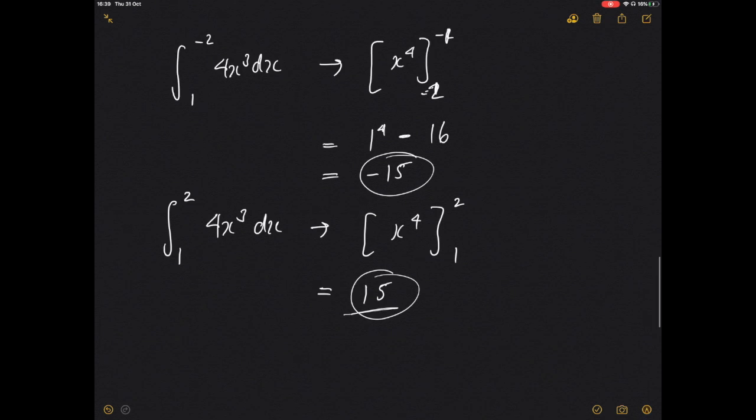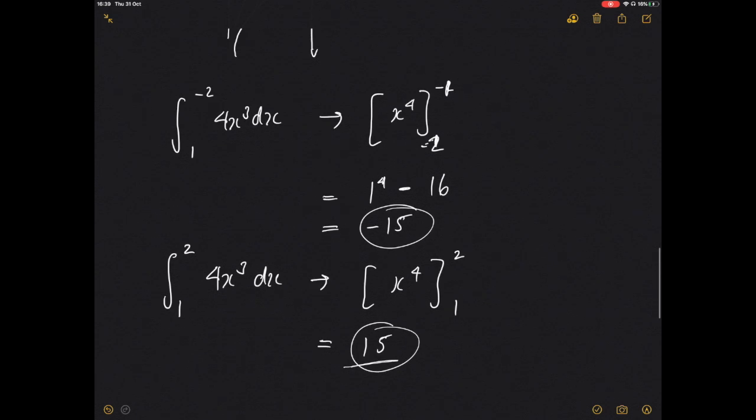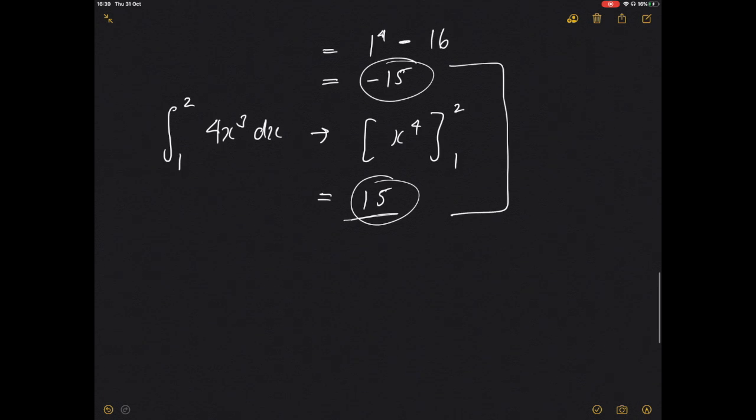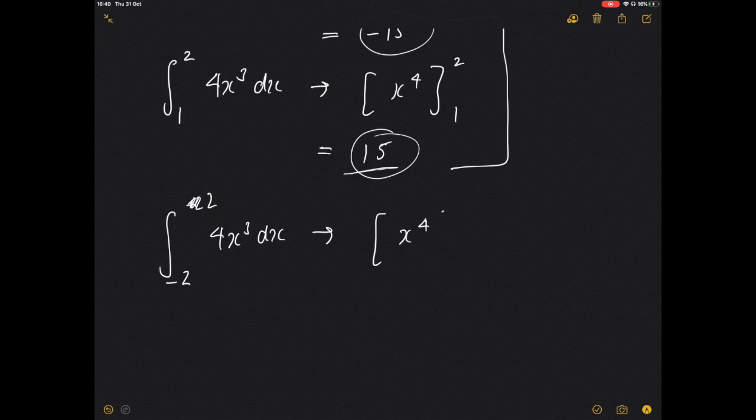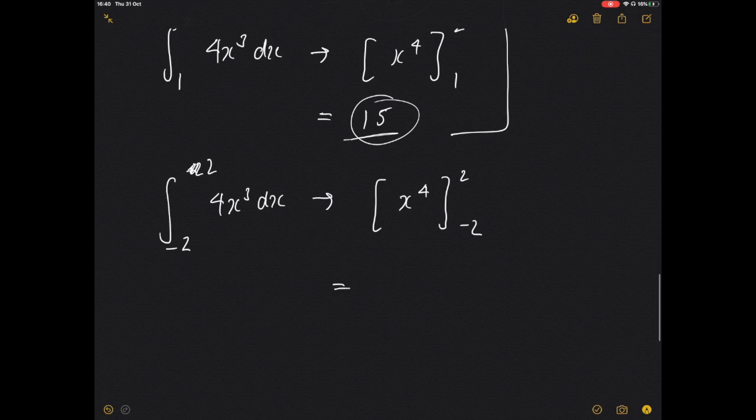Therefore, we could see that if we were integrating between either of these values, we have a line of symmetry. And likewise now, if we were to integrate between minus 2 and 2 of the same function, 4x cubed dx, that would give us x to the 4 between 2 and minus 2, which would mean we have 16 minus 16.